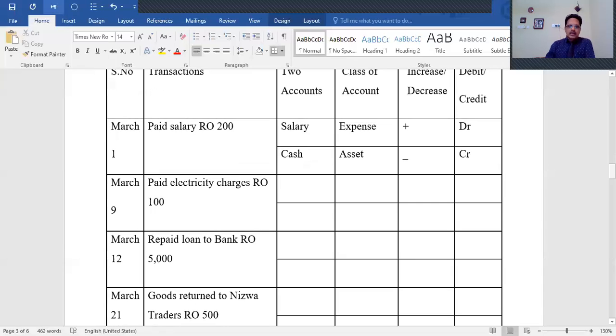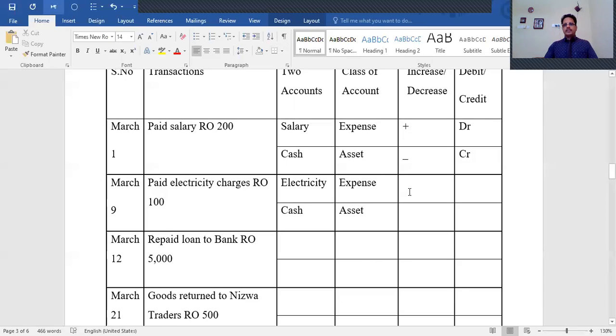Paid electricity. Electricity is also the same. It is an expense, so electricity expense, and also cash. Cash is an asset going out. Anyhow, electricity is an expense, and cash, you know already, is an asset.